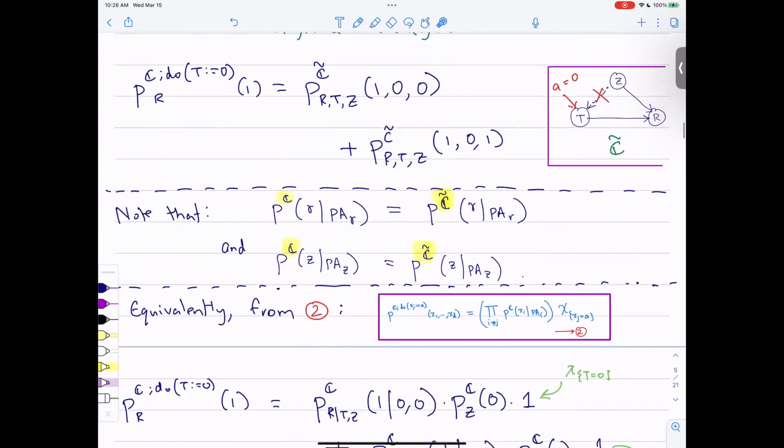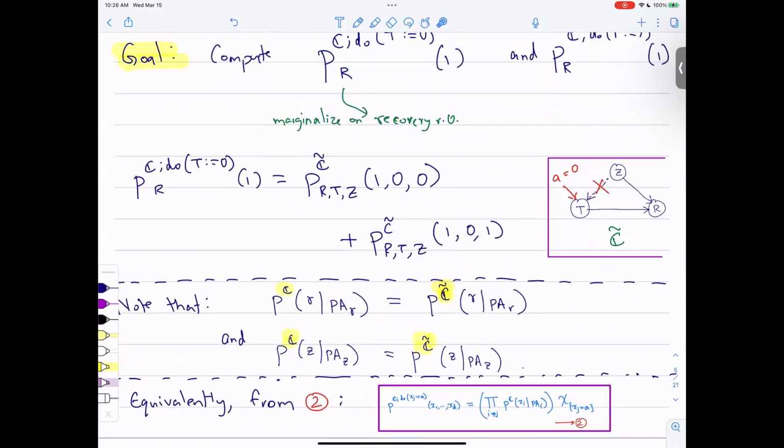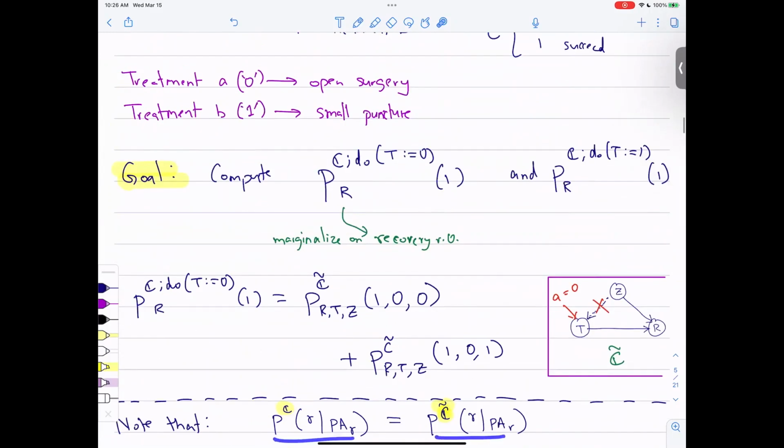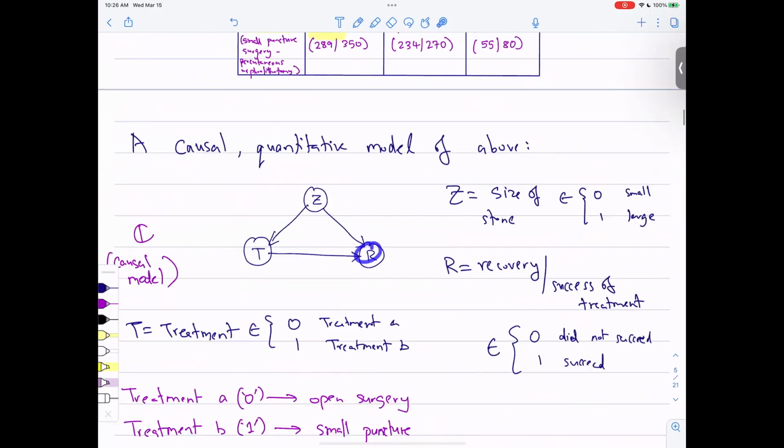All right. So far I've been only in the new world. Now let's go back to what we know from the old observational world and the new world. Well, for the recovery random variable, the conditional distribution given its parents is unchanged in both. Why? Look at this variable's parents in the old world or the new world.